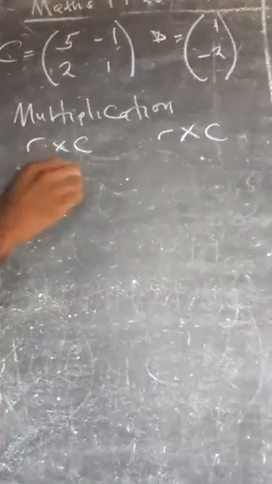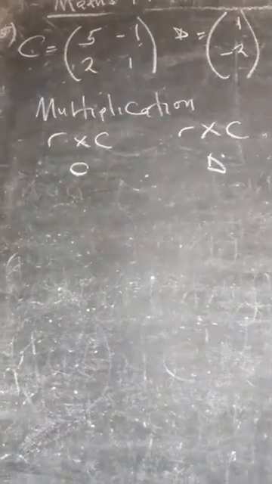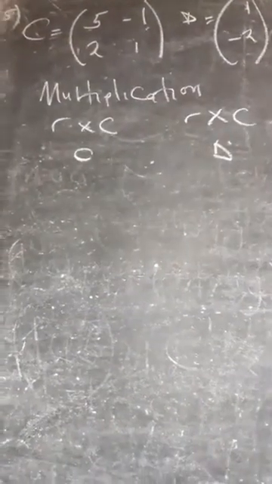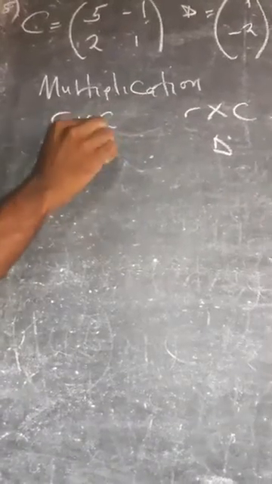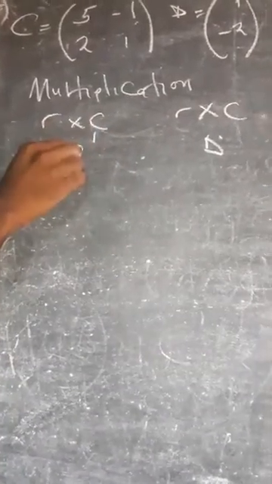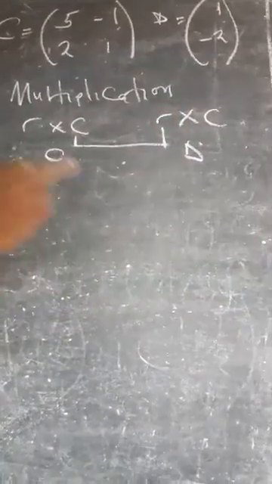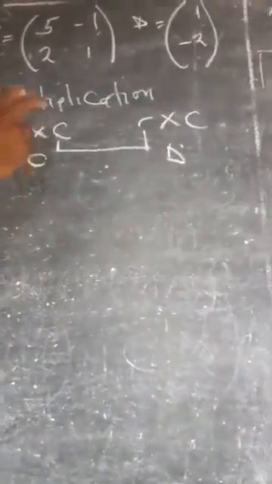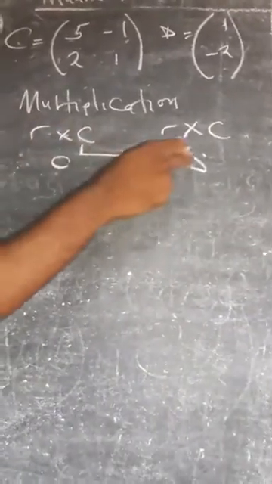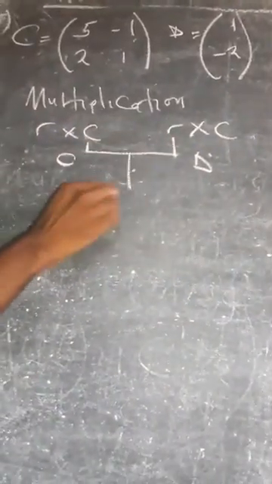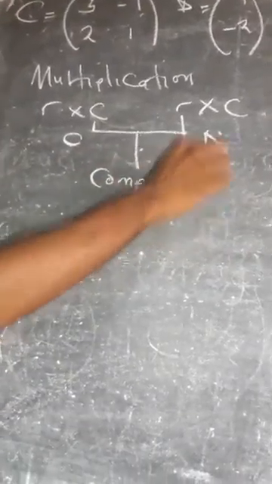This is C and that is D. When you are multiplying, make sure that the number of columns in C is equal to the number of rows in D. This shows their compatibility.